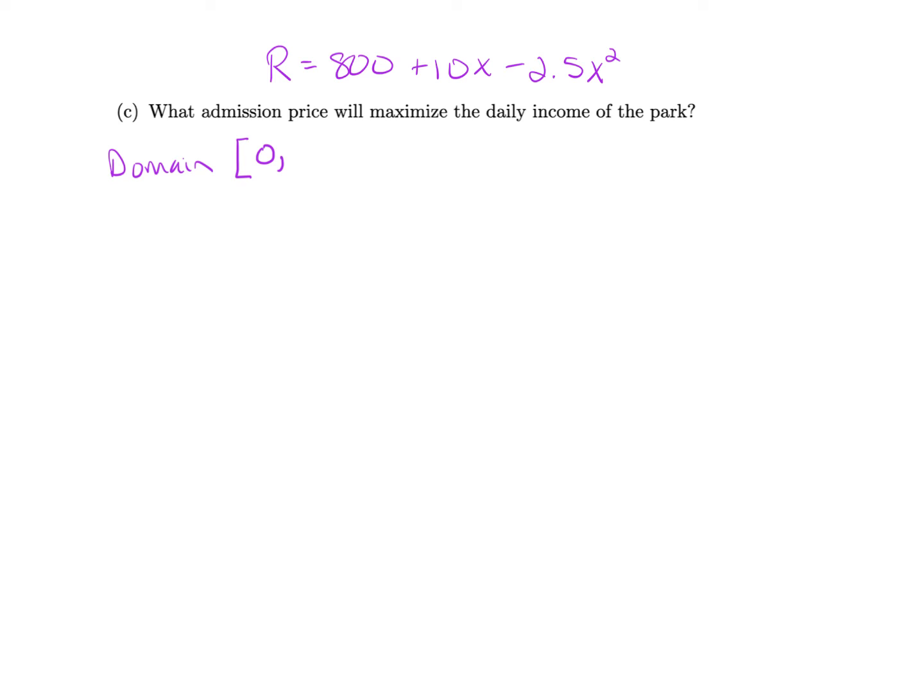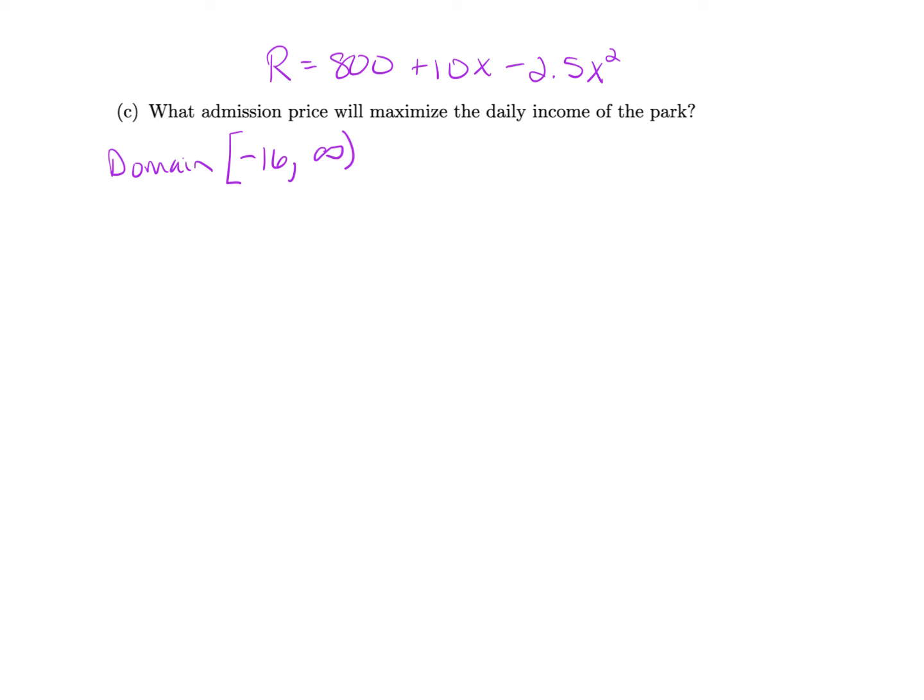Although maybe we should consider whether or not we reduce the price, in which case we could go down as far as $0 admission price, which means we could have 16 price decreases of 25 cents. So I could decrease the price 16 times until I get to 0. I guess I could include the negative 16. And then I could go up to infinity. Could increase this price all the way up to infinity.